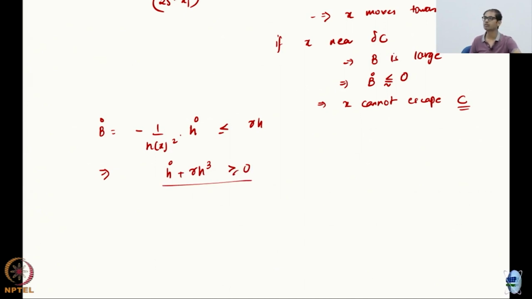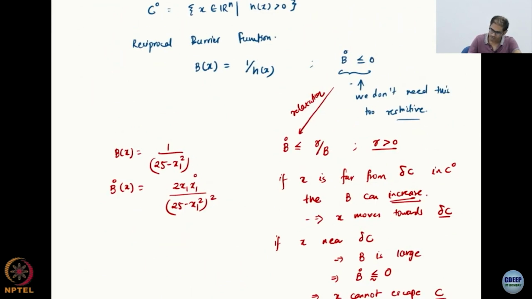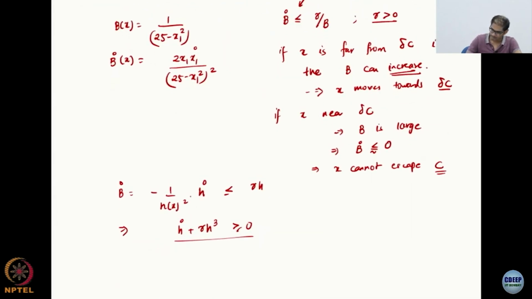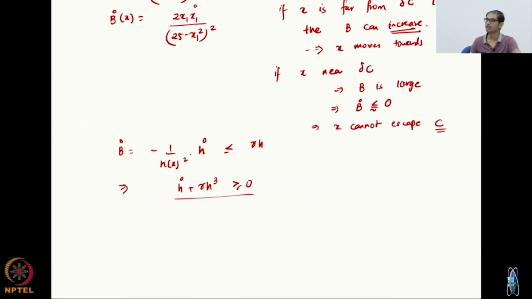So what did I do to get this? I think it's evident. B is defined as 1 over h(x). So b dot is this guy, I think I did it correctly, you can verify. B dot is minus 1 over h(x) squared times h dot, and the right hand side is gamma over b, and that is this guy, which is gamma times h. So that gives me this kind of a differential inequality.